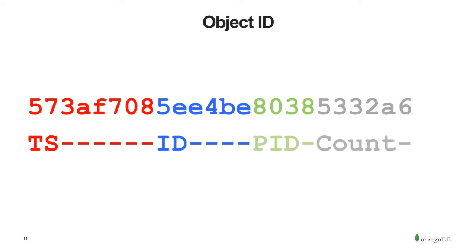Note, it's unique for this system, this computer here. There isn't a guarantee that object IDs won't be the same coming from different systems. So that's an important facet you need to keep an eye on when you start creating object IDs, is that object IDs may not be unique in a sharded cluster.